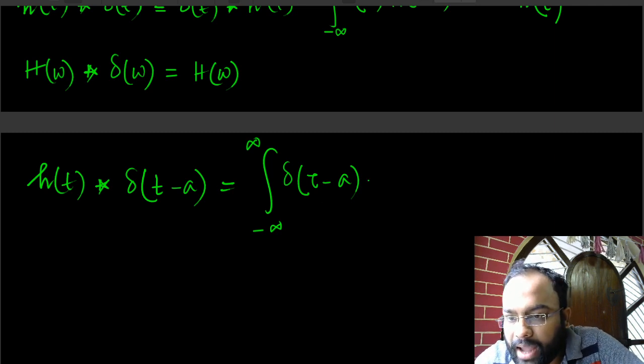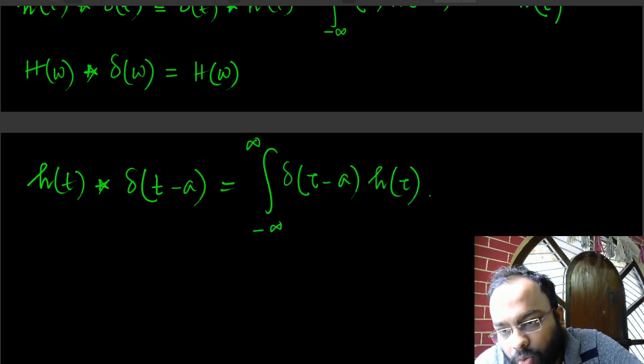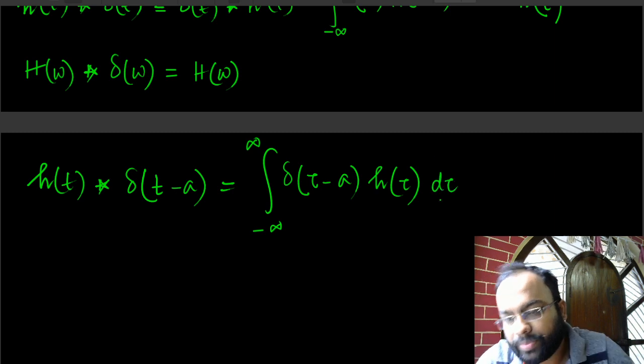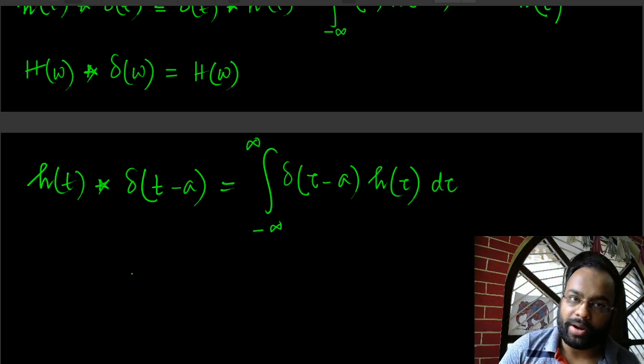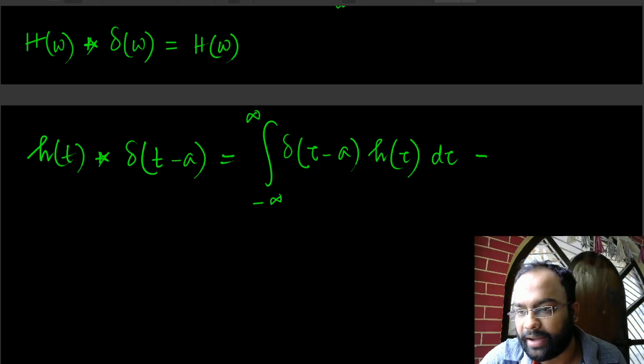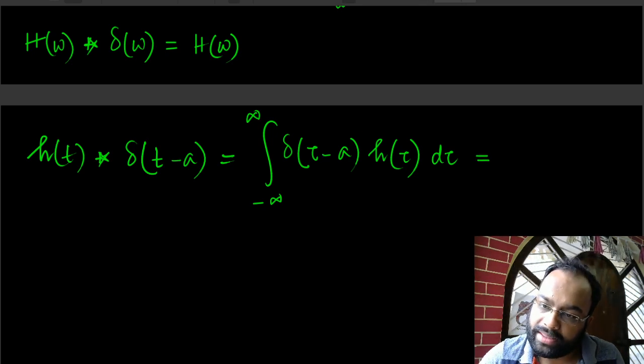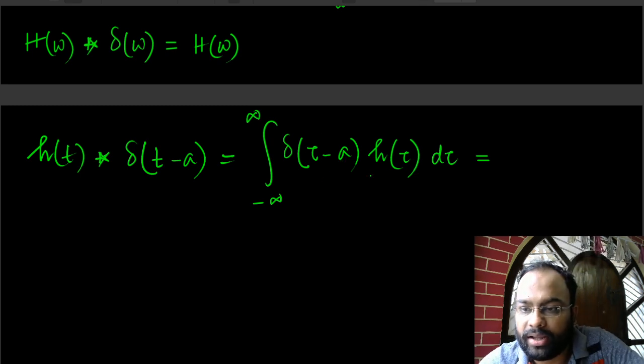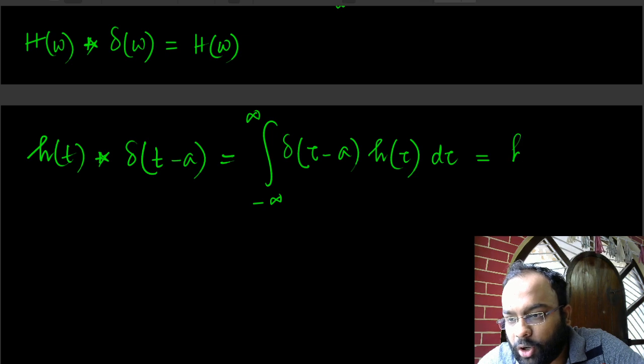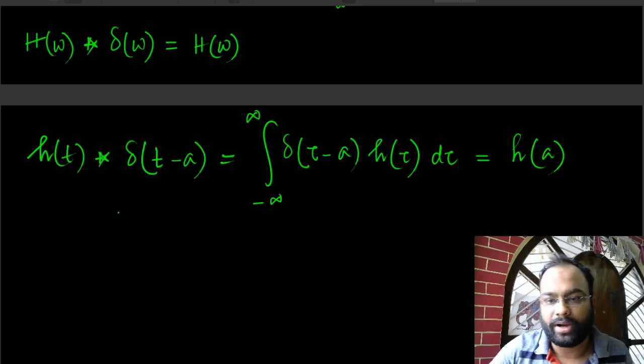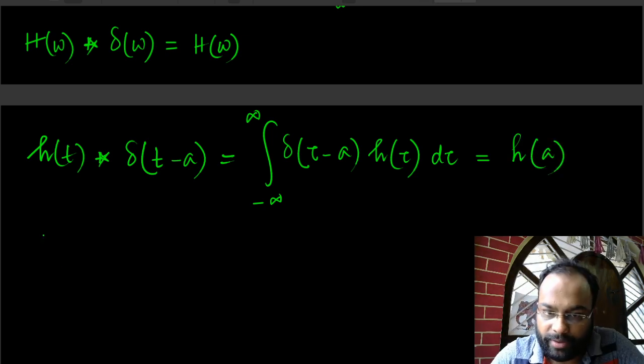So here, and we have h tau d tau, and again from the property of Dirac delta or unit impulse, we know that the result is just replace tau with a, that is when this thing becomes 0. So answer is just ha, right? So this is one of the properties once again.